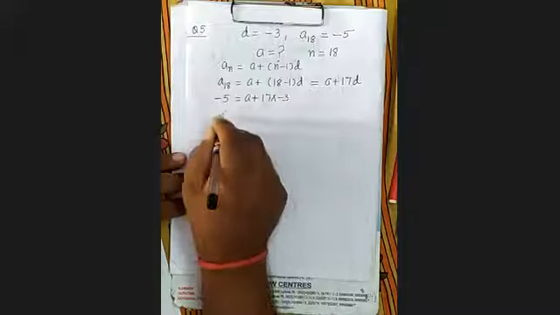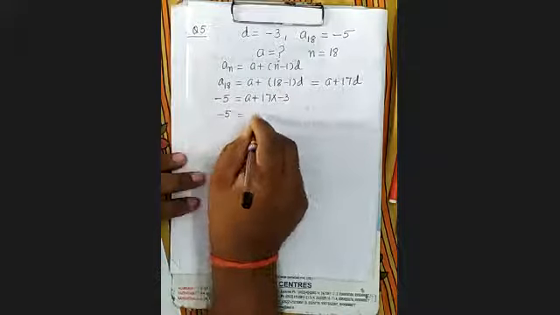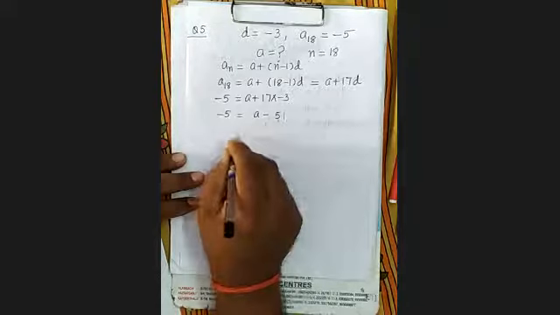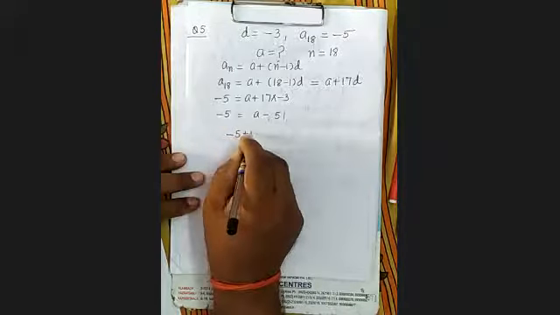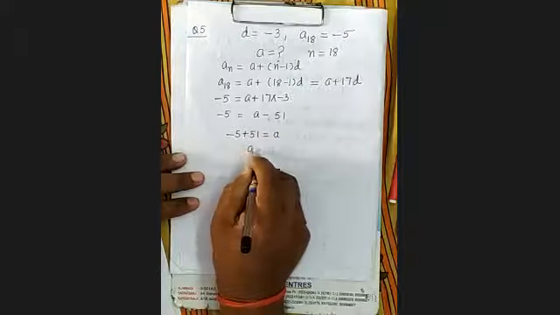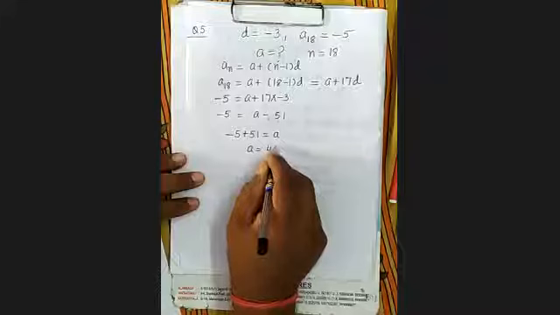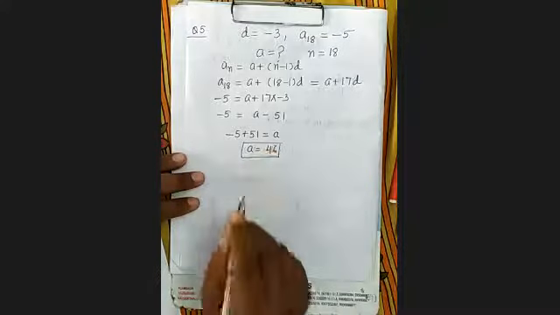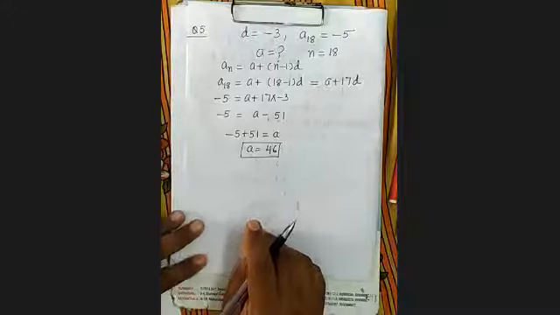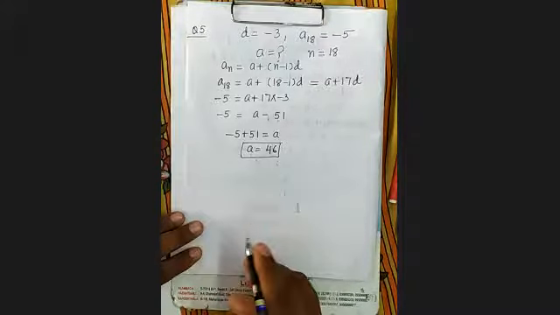Minus 3. So minus 5 plus 51 equals A. So A equals 46. A equals 46. This is clear? Yes, sir.